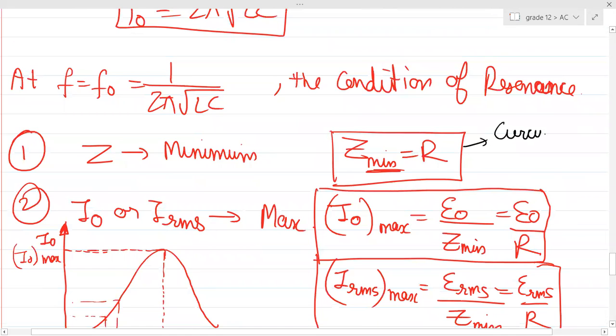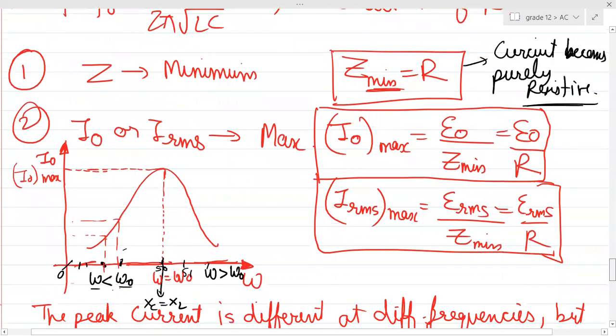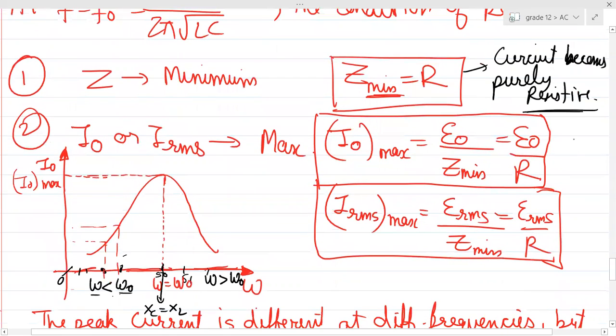Circuit will become purely resistive. Is this clear?